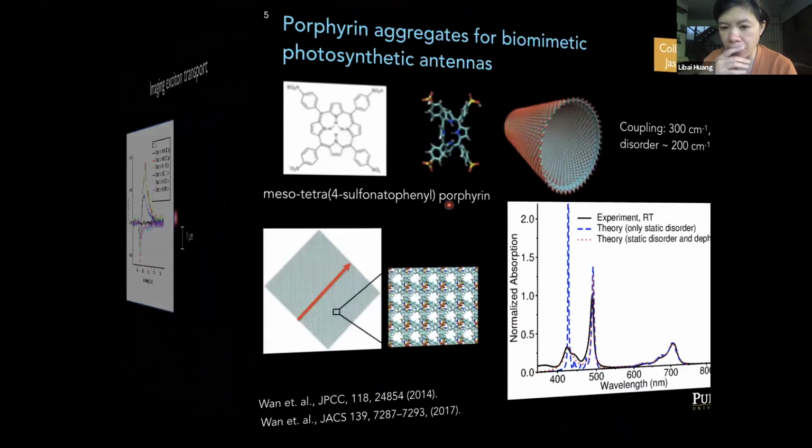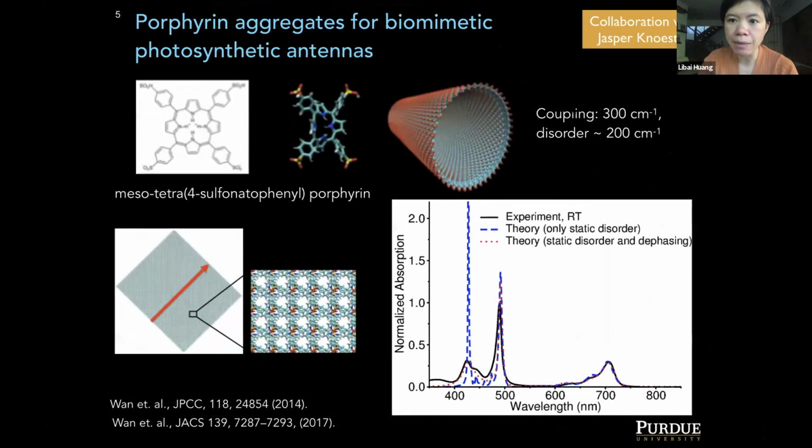So one of our earlier works is a collaboration with Jasper Knuster, whom I actually see in the audience list. So hi, Jasper. Anyway, the motivation for this earlier work was to use these porphyrin tubular aggregates as an analog for a photosynthetic system, so that we can first understand very well these exciton structures, and then image the transport of these excitons.